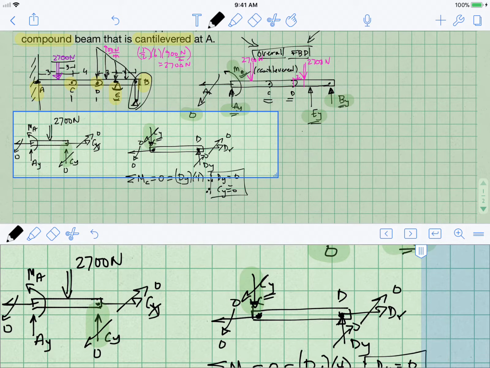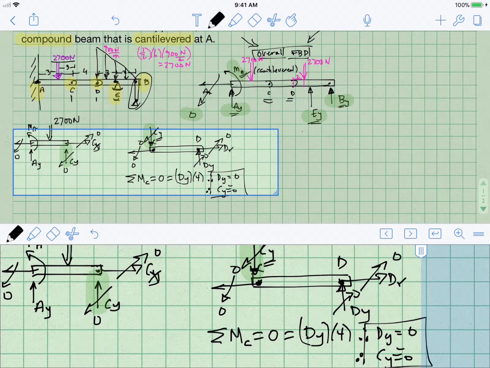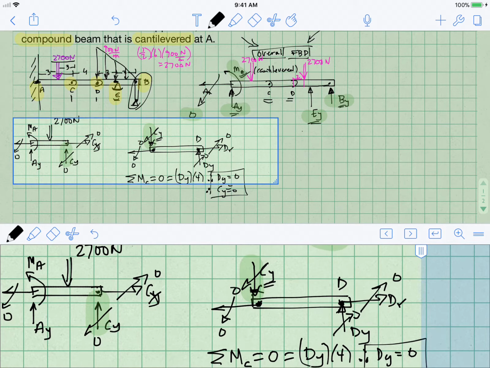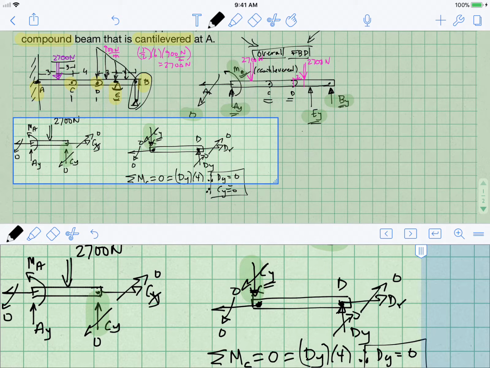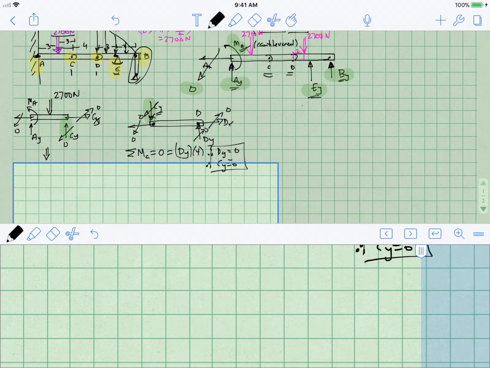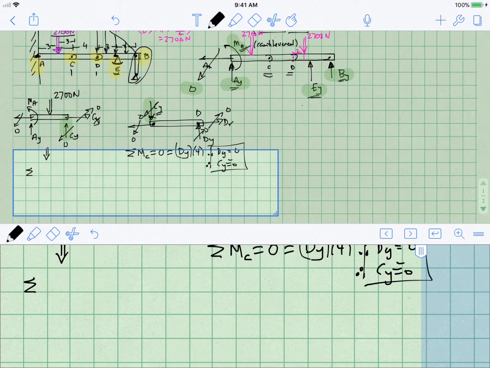Now I want to return my attention back to that first segment. Now I only have 2 remaining unknowns, the moment at A and Ay. So I can take this a little step further. If I write my equations of equilibrium, I can sum the moments at A and set them equal to 0.